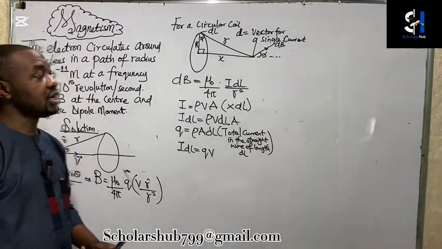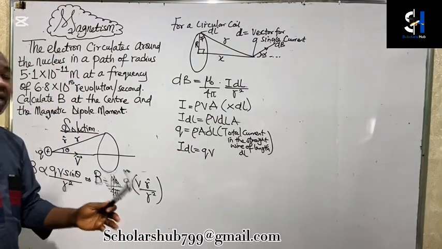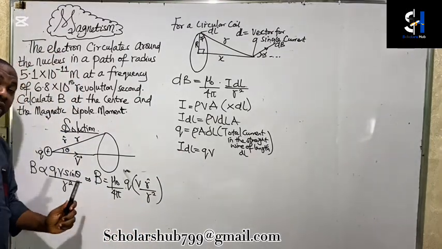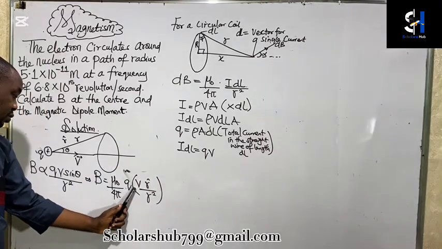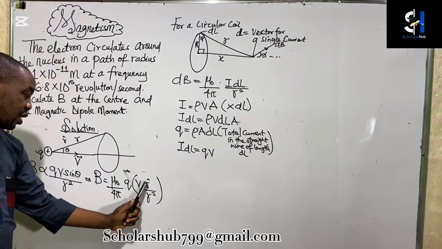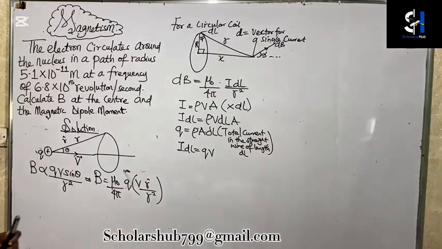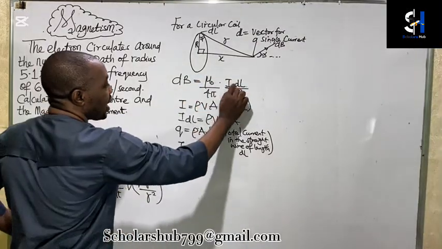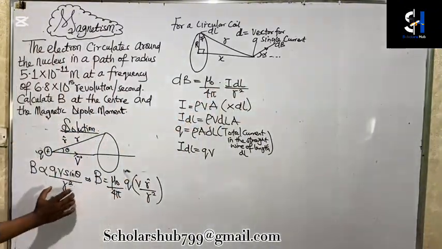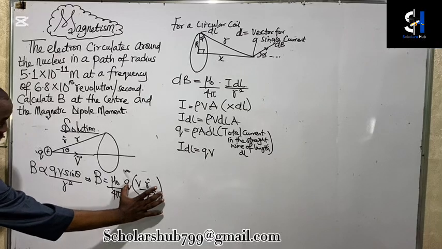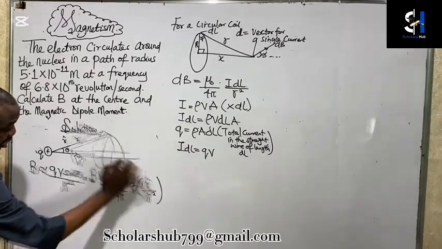So let's say we consider that the angle is 90 degrees. Sine of 90 degrees will be 1. So we can then have qv r-carat over r squared. But here we have Idl, which represents qv r-carat.